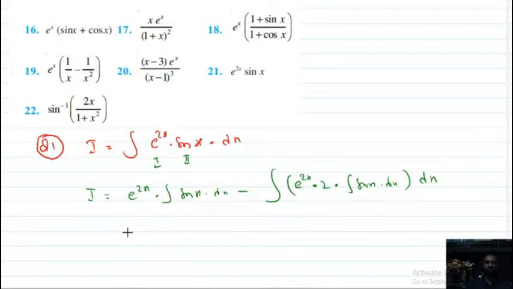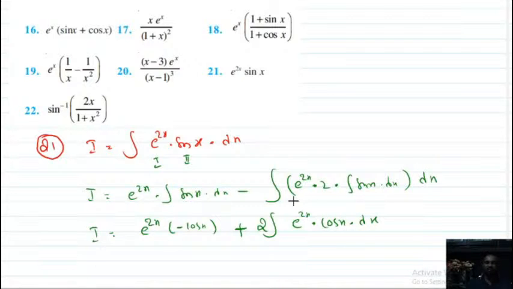Or I is equal to e^(2x), the integration of sin x is minus cos x, minus e^(2x) into 2 into minus cos x, which I will write as plus cos x, dx.